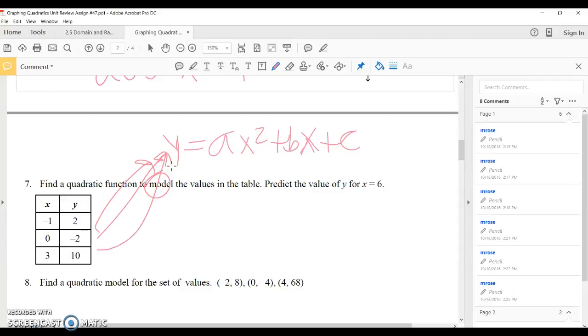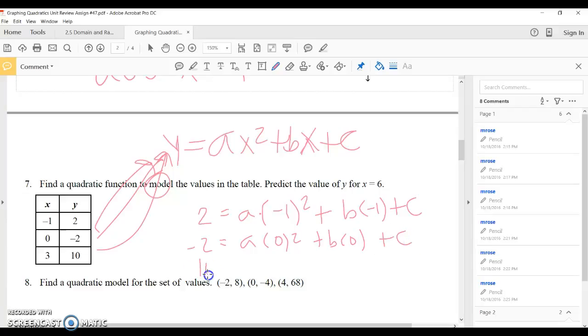See what I get. So I'm going to get 2 equals a negative 1 squared plus b negative 1 plus c. I'm going to get negative 2 equals a times 0 squared plus b times 0 plus c.